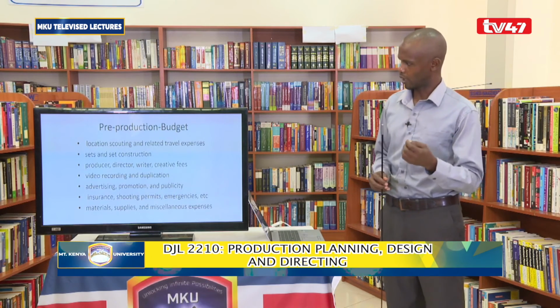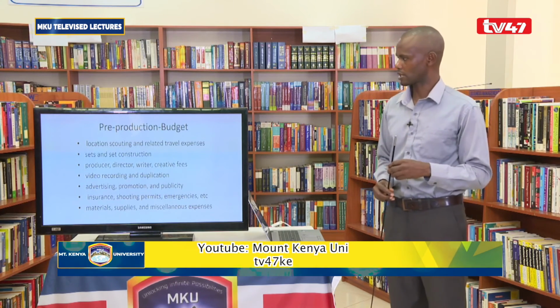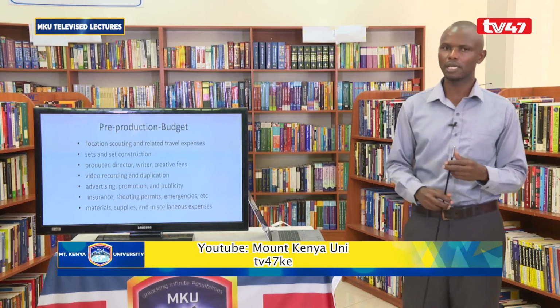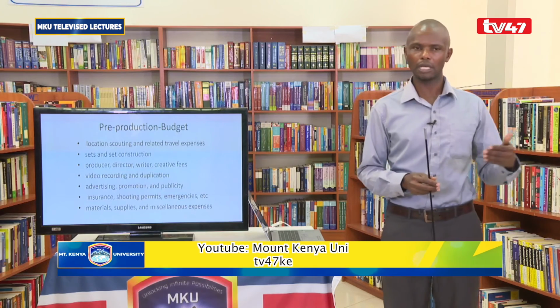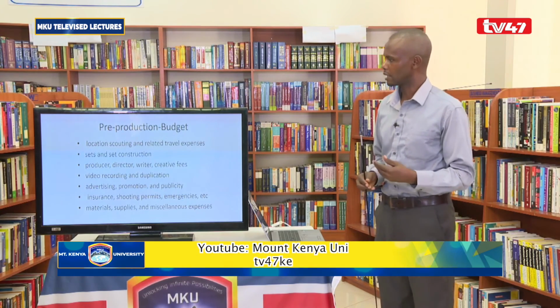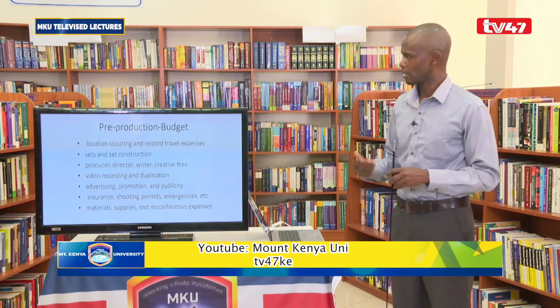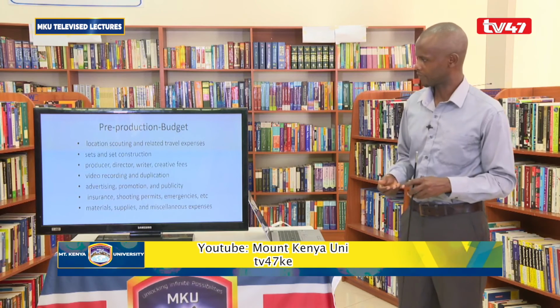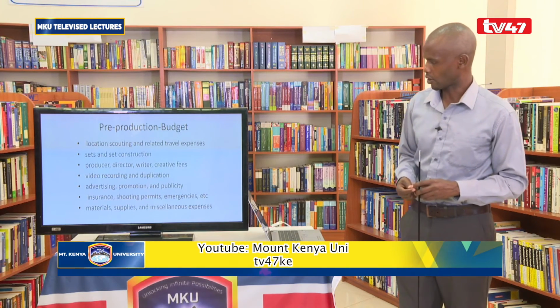When this assistant producer goes to scout for these locations, there are expenses that he incurs, probably the travel expenses, the meals, the accommodation, if he is likely to take more than a day, and the like.